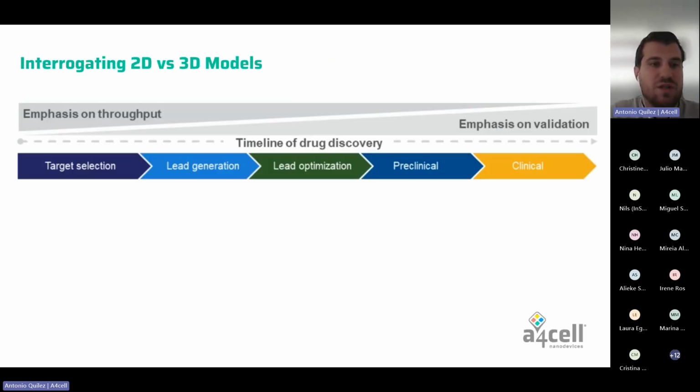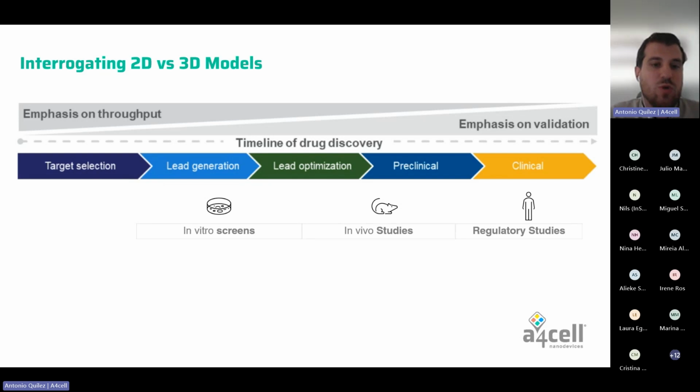Regarding different stages during drug discovery campaigns and overall during biomedical research, including cell biology aspects, we can see that there are differently well-identified stages of this process that begin with the target selection to lead generation, lead optimization, then preclinical analysis, and then clinical studies.